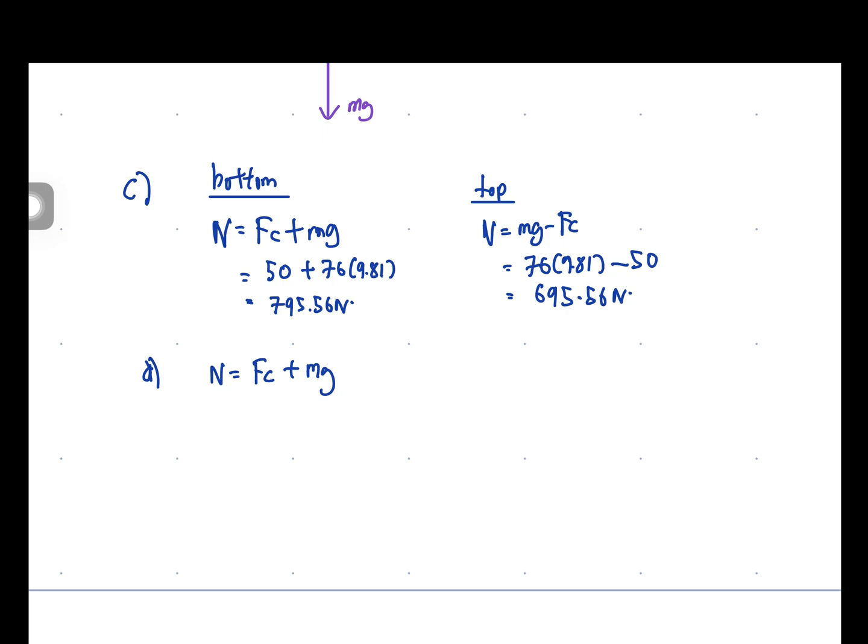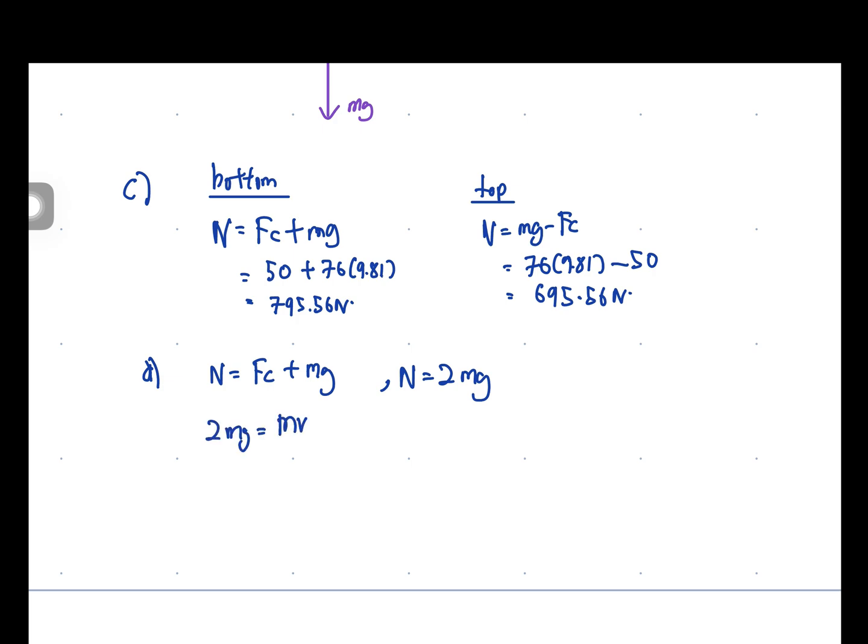For the passenger to feel double the actual weight, normal must be equal to 2mg. So the apparent weight, the one that I feel, is double the actual weight. Substituting in, we end up with 2mg equals Fc plus mg.